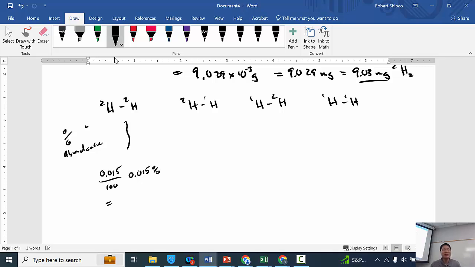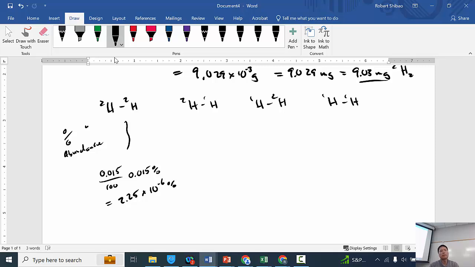And so the percent abundance of H2H2 is going to be 0.015 divided by 100 times 0.015. I could just do 0.015 squared, but I make more mistakes that way when I try to do the math in my head, so I just punch it in the calculator. So you might think that's not that efficient. But this comes out to 2.25 times 10 to the minus 6%.